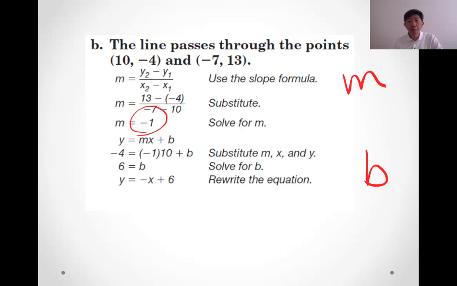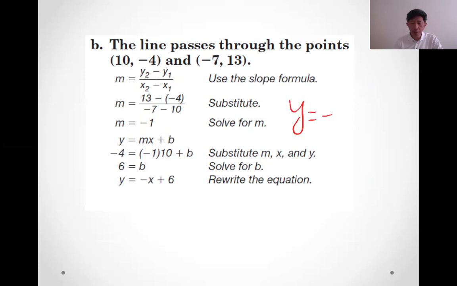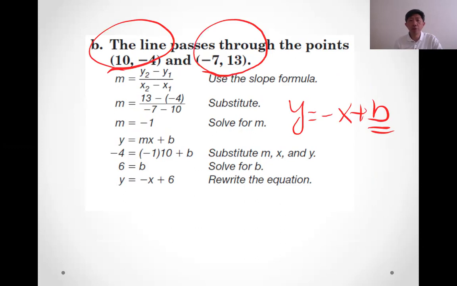Now what about the intercept? How do we find the intercept? This time we have to find it, because we know y equals -x plus b, and we don't know the intercept. But we do know the line passes through one point and the other point. I will pick the easy one to calculate, or you can use either one.